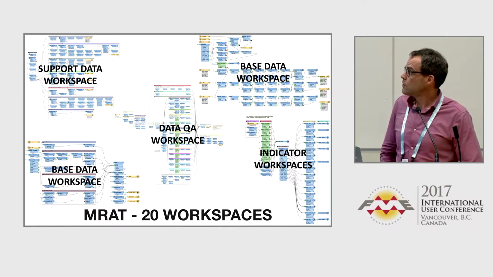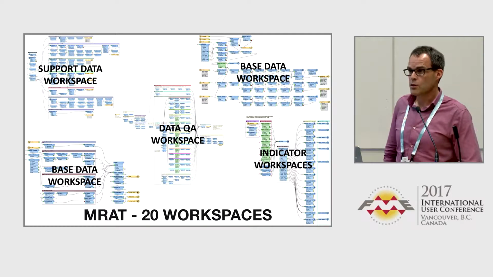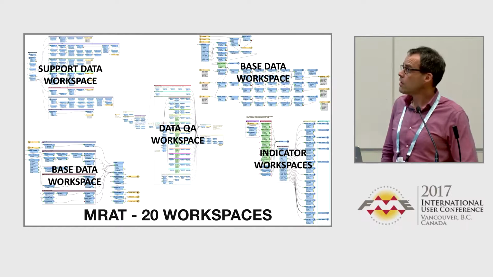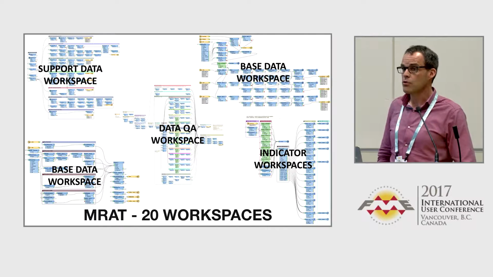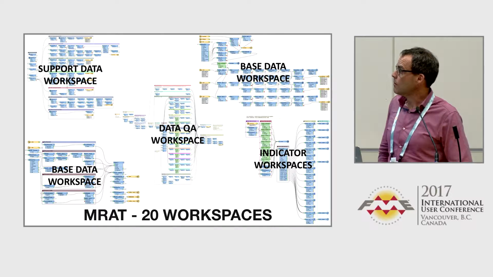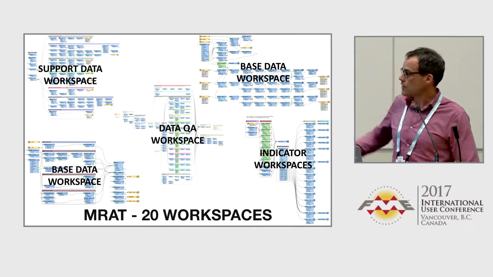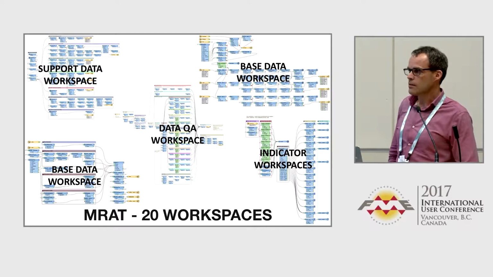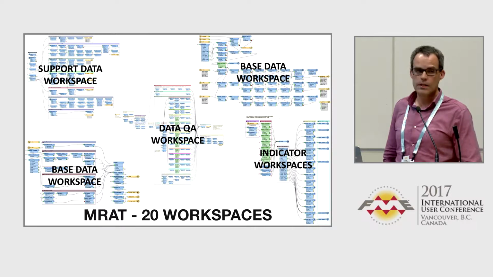I'm not going to show you too many workspaces. We have workspaces that need to be run to generate some support data for later on in the process, some data QA workspaces, and some base data preparation workspaces. This is actually for our municipal risk assessment tool, which helps municipalities look at their risk of sanitary sewer backup.